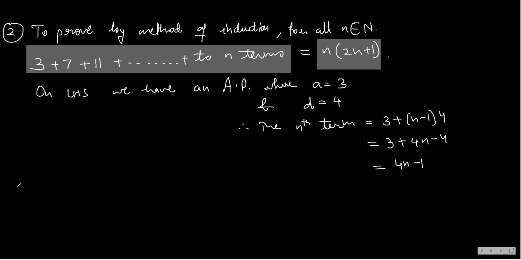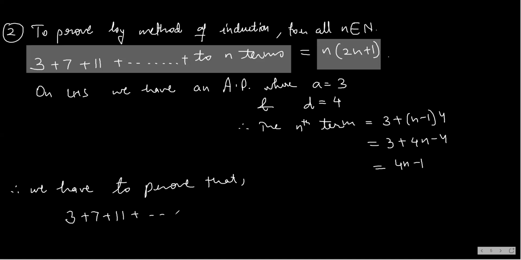So therefore we have to prove that 3 plus 7 plus 11 plus so on plus 4n minus 1 equals to n into 2n plus 1. Okay, and this is P of n. This is my assumption, the first step.